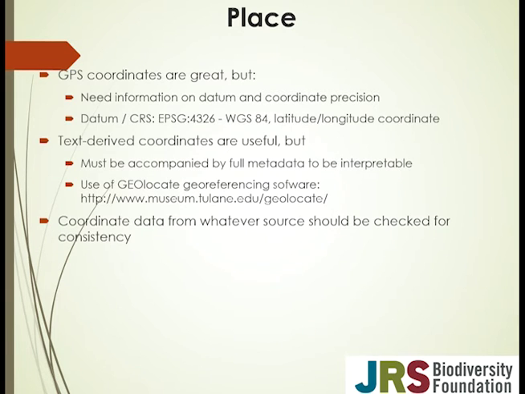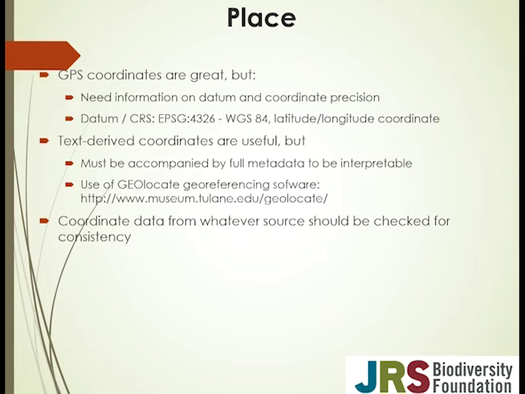With respect to the place, you have GPS coordinates, okay, fine, we talked about it, but you need information on the datum and coordinate precision. So the datum refers to the coordinate reference system.